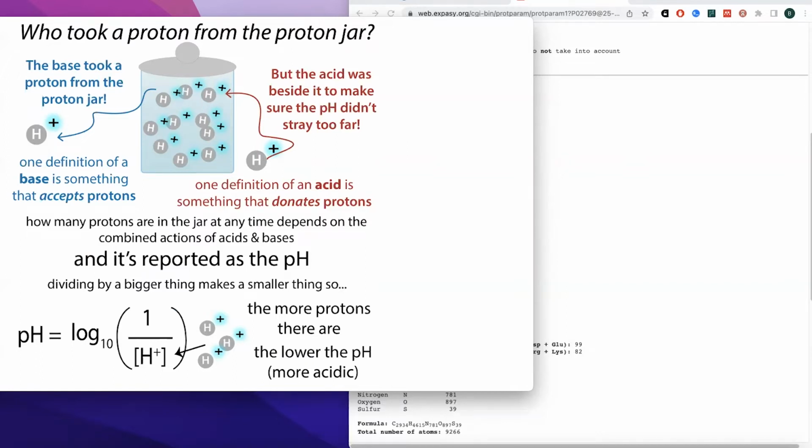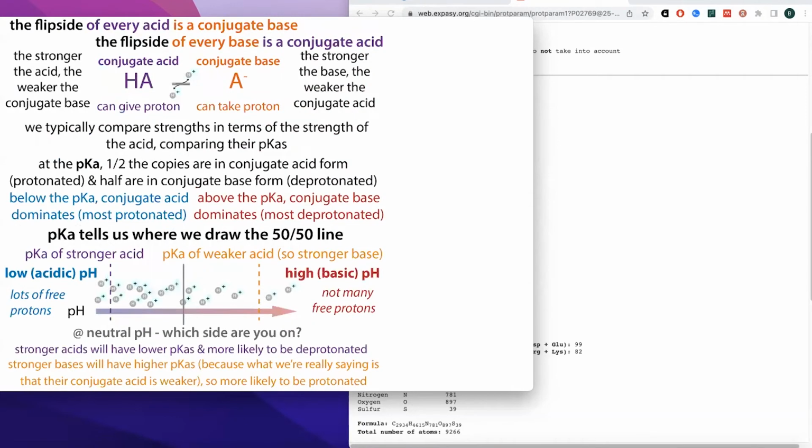So the higher the concentration of protons, the more acidic the solution, and the lower the pH. It's confusing because it's this inverse log scale. So the more protons you have, the more acidic, and the lower the pH.